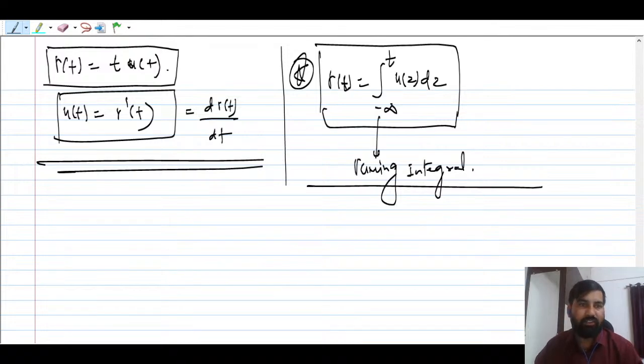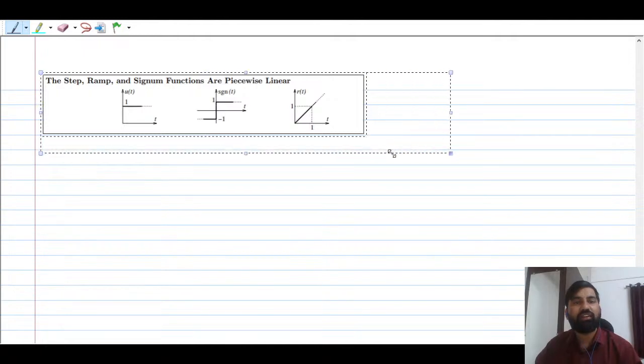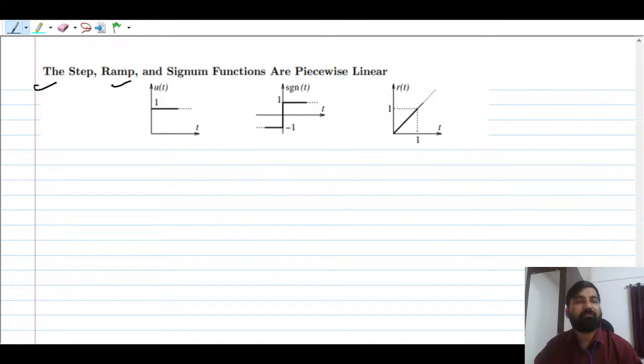These are some commonly encountered signals that you have to remember, okay? So these statements also you have to remember. The unit step, ramp, and signum functions are piecewise linear. Why do we call it piecewise?